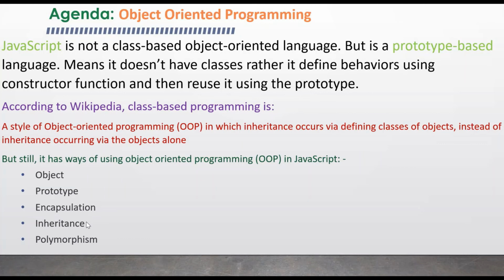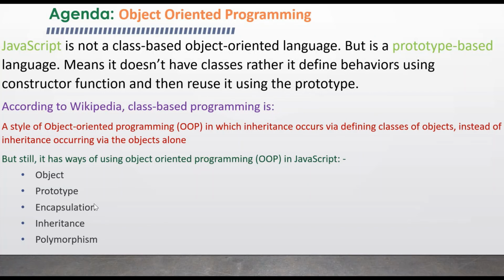And then inheritance. Unlike other class-based programming languages, in JavaScript the inheritance concept is applied in such a way that you can access properties from one object to another object instead of class. That would be the difference. And polymorphism is the relation between many objects instead of many classes.